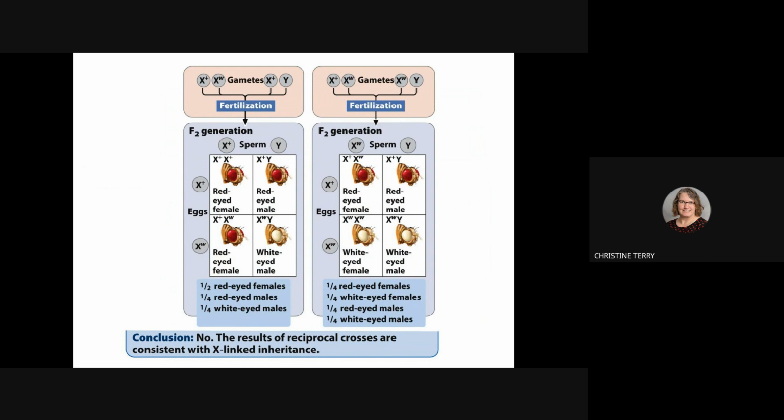Because if I'm asking what percentage of the offspring are white-eyed, and you say half are white-eyed, and you mean half of the males, but you don't tell me that and just answer half, I assume that you think half of all the offspring are white-eyed. So it does make a difference what the question's asking. So be careful. Hint, hint.